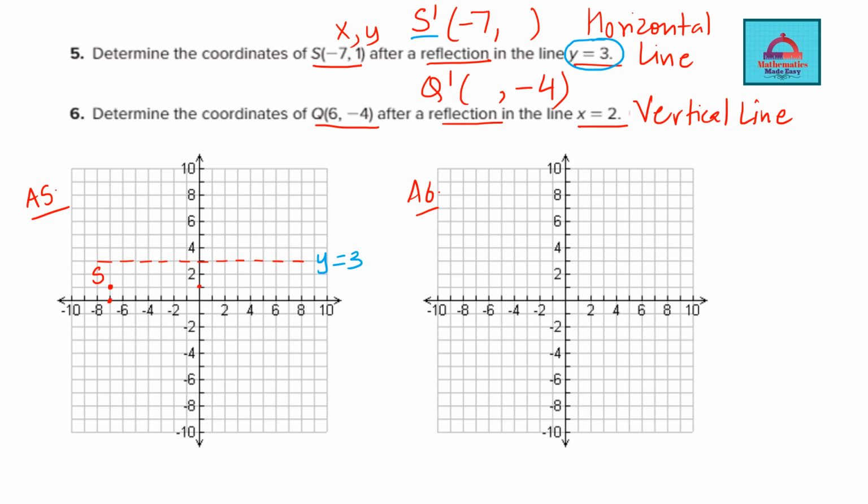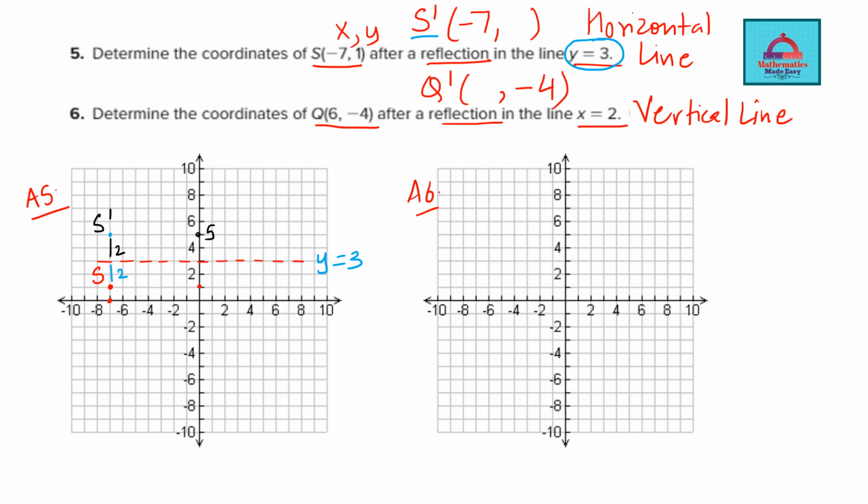So how much is the distance of this point? It is 2 units. So that means the new point will also be at 2 units away. So the new point will be here. Let me change color and do it. If this distance from the line to the point S is 2, then the distance of the line to the point S prime will also be 2. So what is this point?